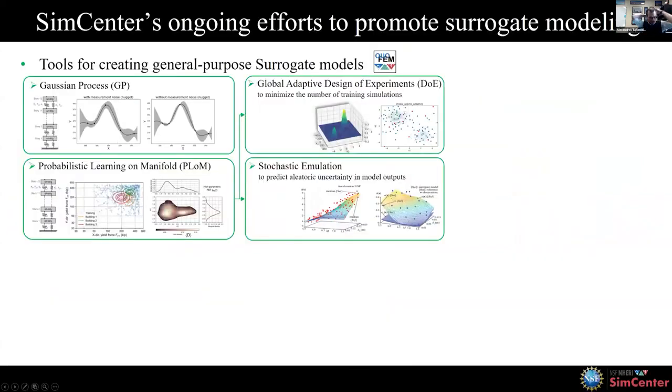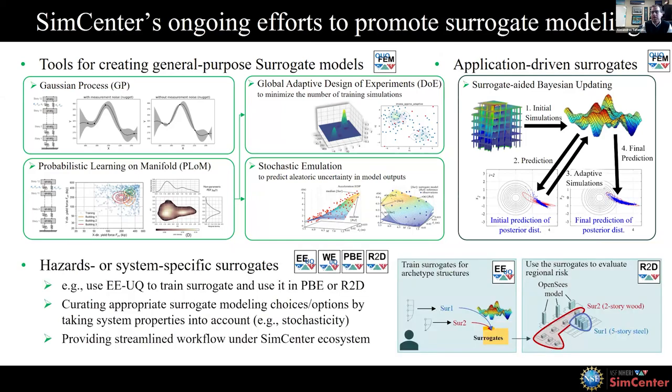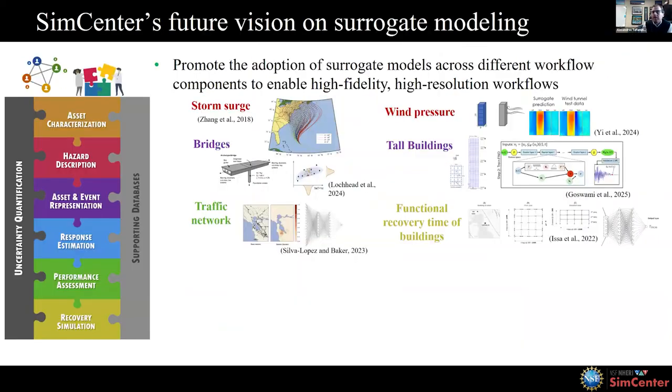Some reminder of the ongoing work from the Sim Center in the world of surrogate modeling. So there are tools for creating general purpose surrogate models. Also, there is great work being done on establishing application driven surrogate models, and the incorporation of all these different types of surrogate models across all the different modules.